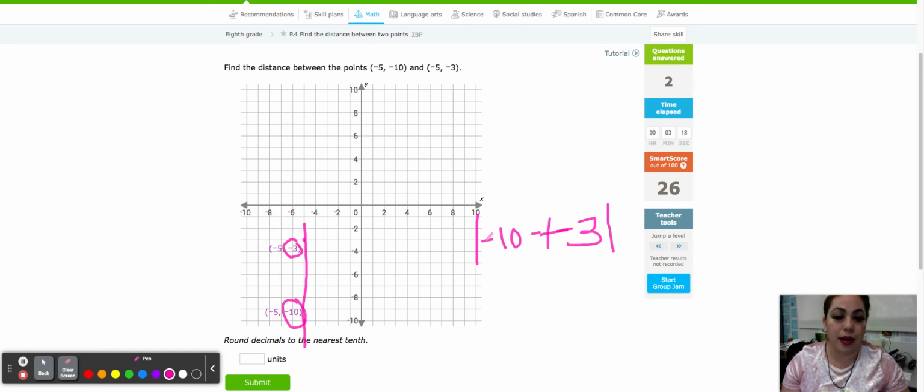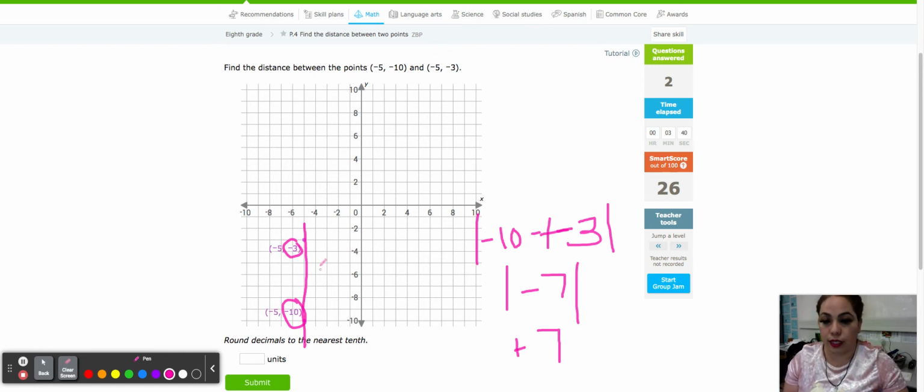So 10 minus 3, we can read it like that because 10 is the bigger number, the negative. So 10 minus 3 is 7. So we're still going to keep this negative, -7. Again, the absolute value makes it positive. Once you take it away, it makes it positive. So the answer is 7.